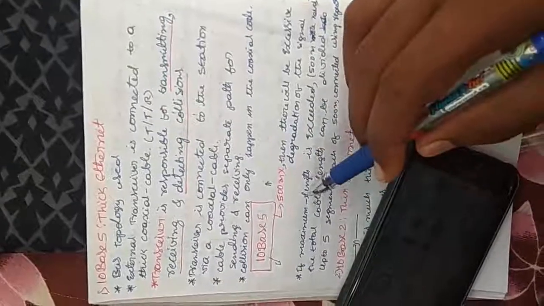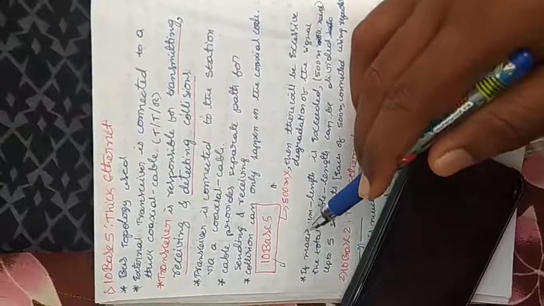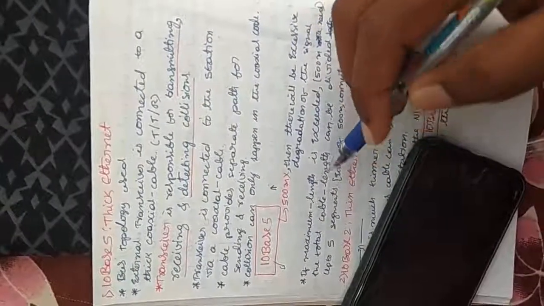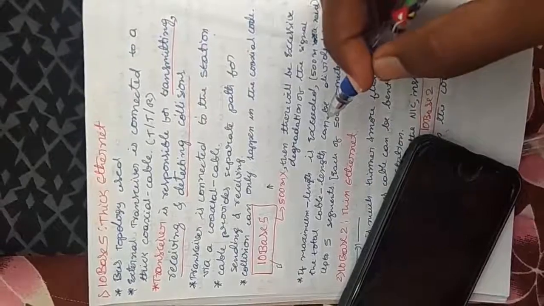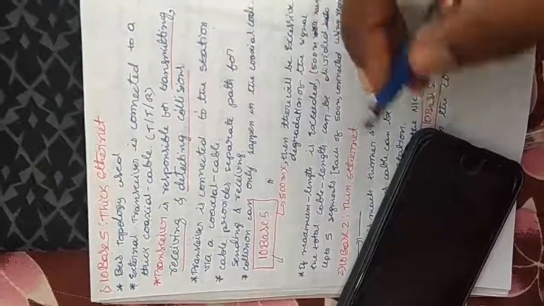If we want to increase the length of the coaxial cable, we divide it into 500 meter segments and connect them using repeaters.